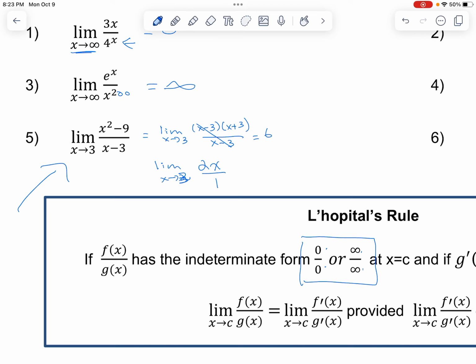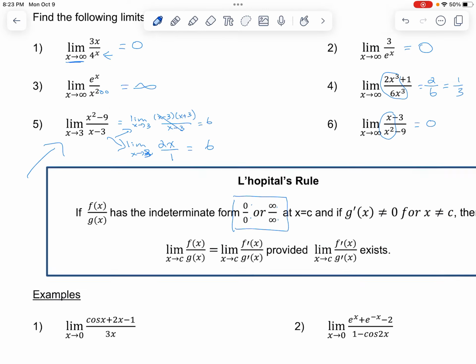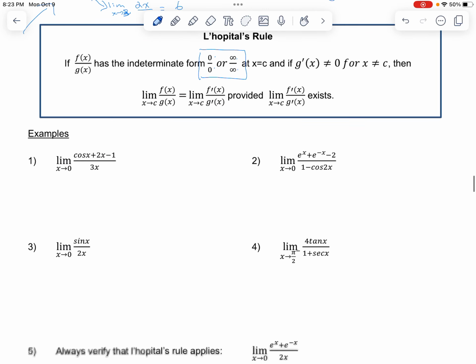The derivative of the bottom is just 1. And now if you take that limit, that will also get you to that same limit. So notice number 5, we could have done it by factoring, or we can use this idea of L'Hopital's rule, okay? The key is making sure that you have 0 over 0 or infinity over infinity before you just start using L'Hopital's rule.